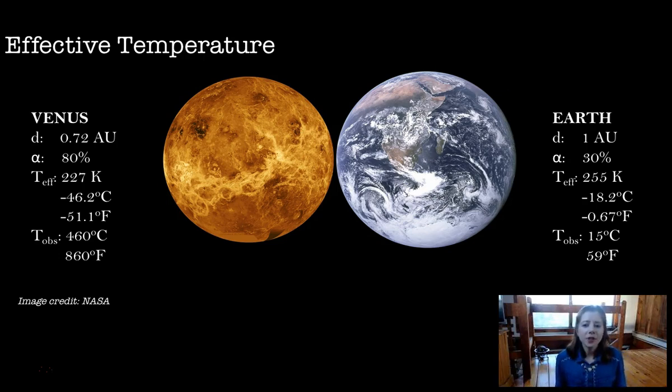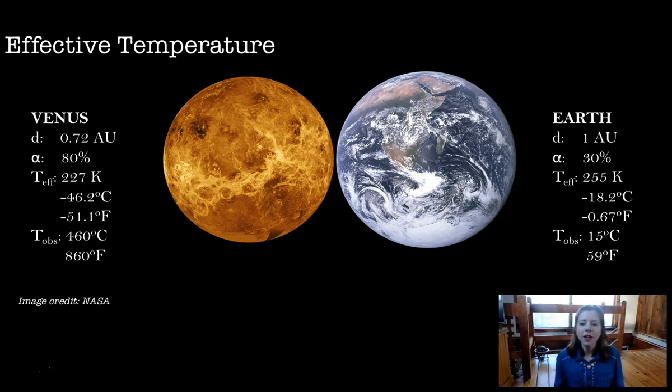So 80% of that radiation flux density that we calculated for Venus, that 2,600 watts per meter squared, 80% is being reflected back off into space, and only 20% is making it into Venus's atmosphere, which means that if we just did a little energy balance here, we would find that the effective temperature of Venus is 227 Kelvin.